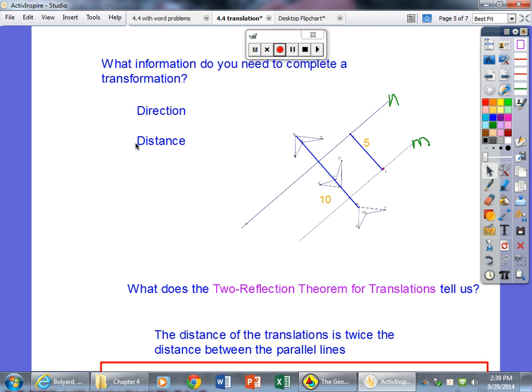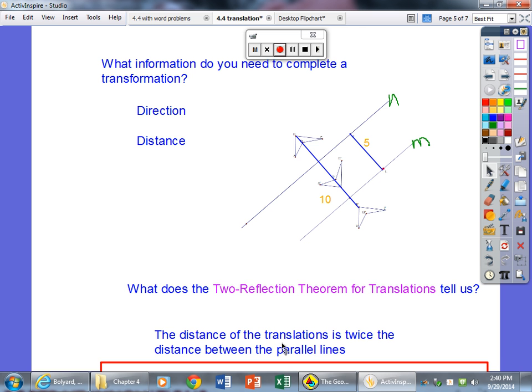To figure out this distance, all I had to do was measure the distance between the two parallel lines. Let's say in this case the distance is 5, then my entire slide is going to be a slide of 10. So I double this 5, and that tells me the distance that the entire translation is going to take.